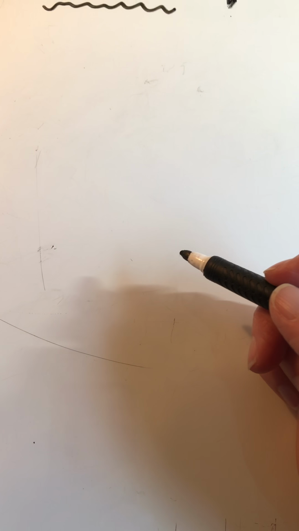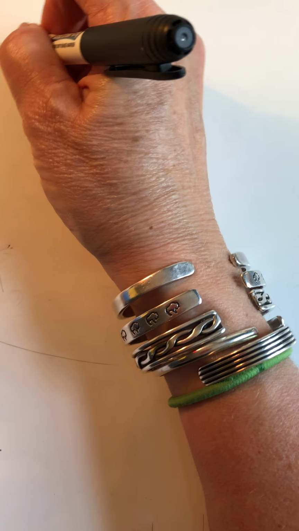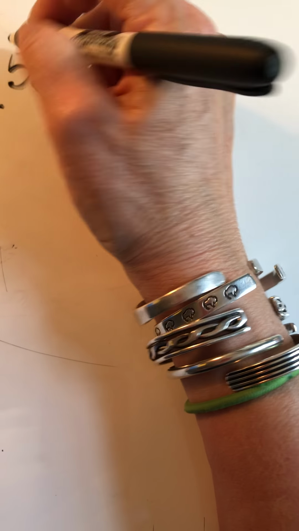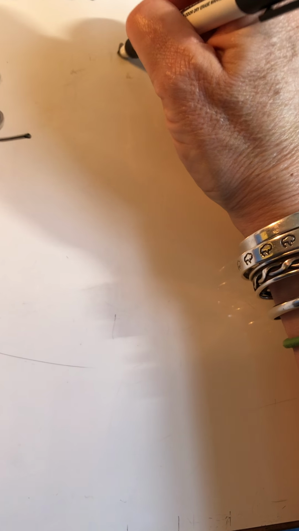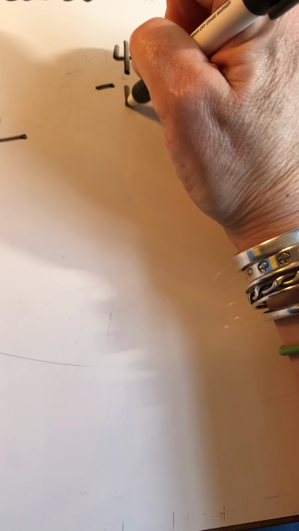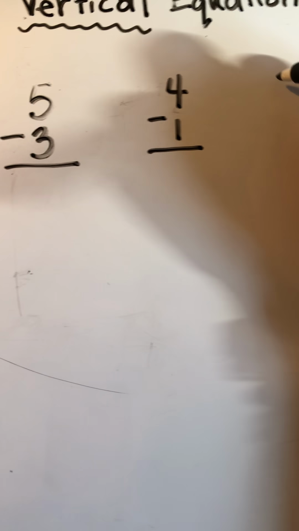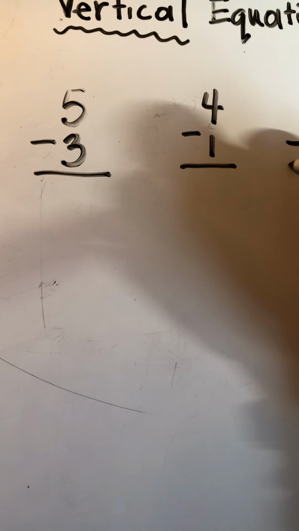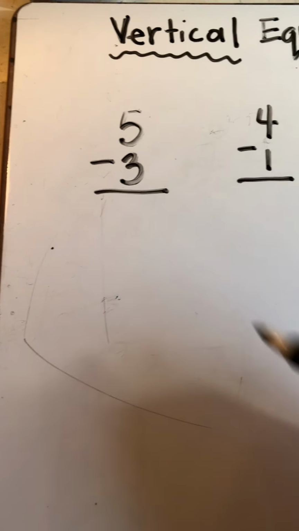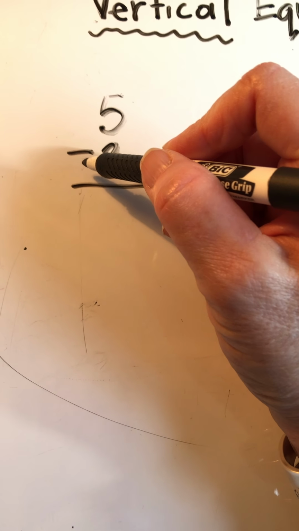Okay, we're going to look at the things the same way. Let's do 5 minus 3 and 4 minus 1 and 6 minus 2 for our first practice. So now I'm going to look at my little symbol.